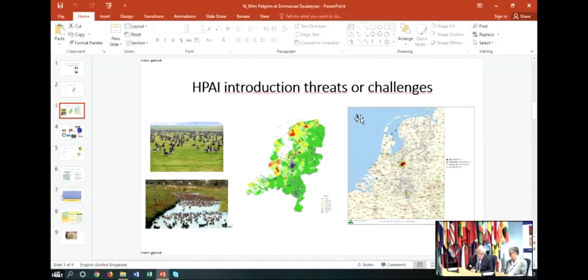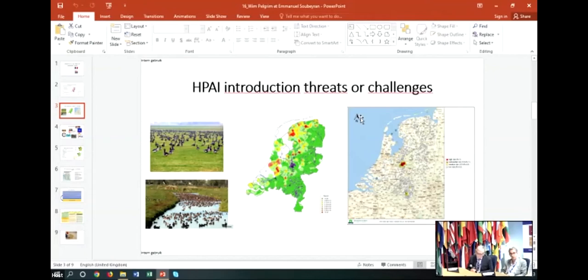To the left, you see the situation in my country. We are a delta country with a lot of wild water birds. It looks a little bit like an intensive farming system, but it's a reality in a lot of parts of the Netherlands. The right picture shows you the density and the in-between farm transmission.